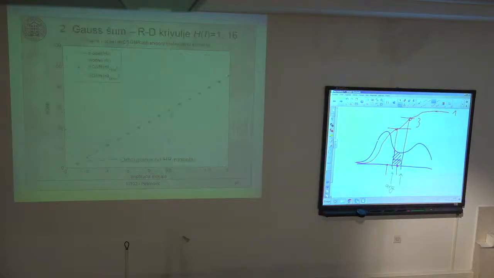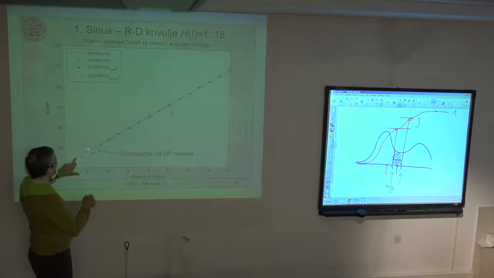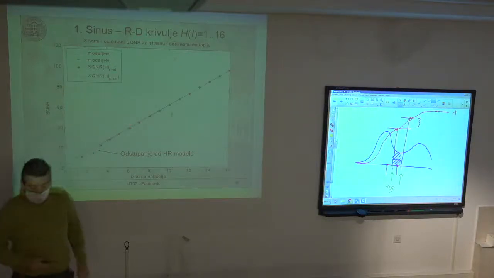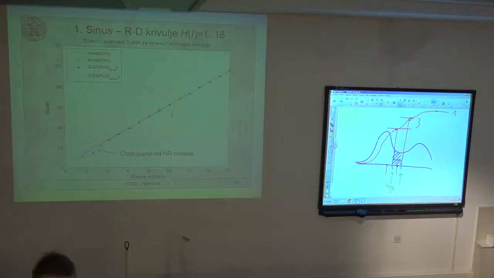Okay? Now, these plots, what do they show? They show the model. So this blue line and these green crosses show the expected quality for the given entropy. I have selected 1 bit per symbol, 2 bits per symbol, 3 bits per symbol.